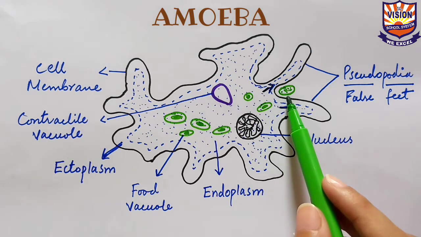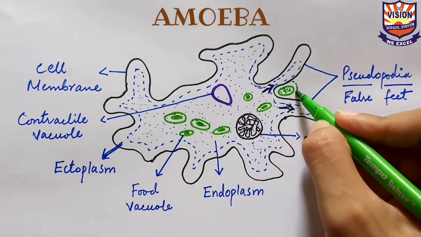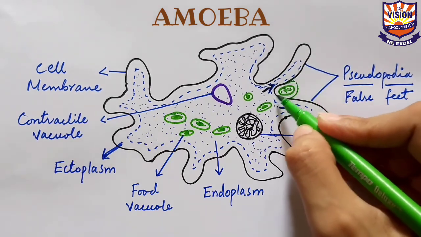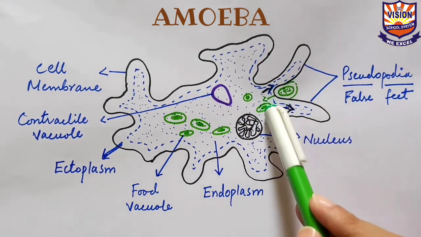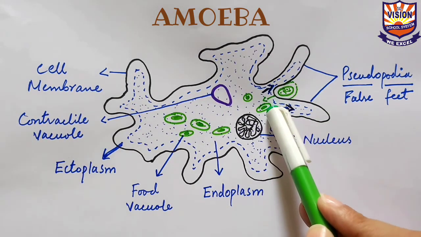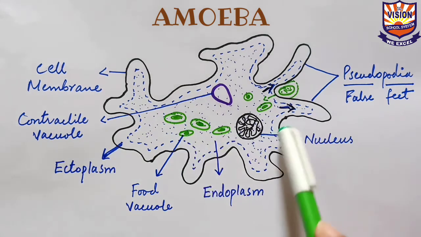The membrane enfolds and forms a bubble-like food vacuole. This food vacuole will enter into the cytoplasm. The digestion of food will take place in the food vacuole, and after the digestion, the food is diffused into the cytoplasm and provided to all parts of the amoeba.